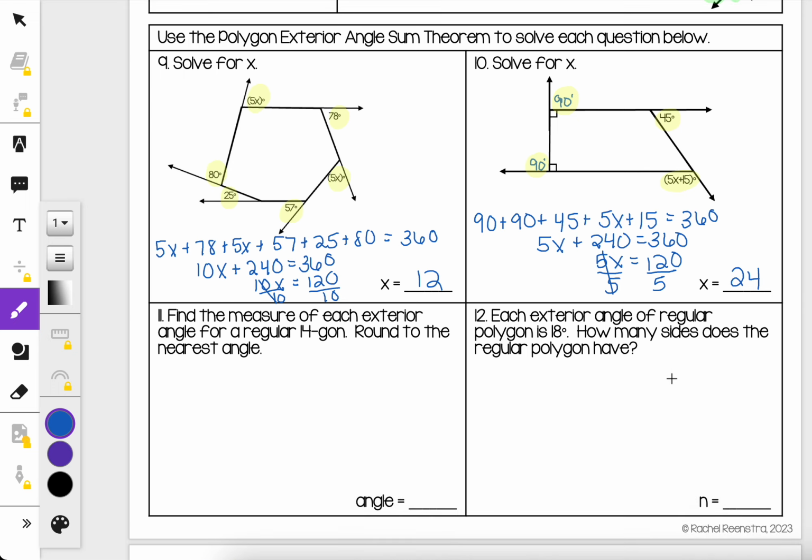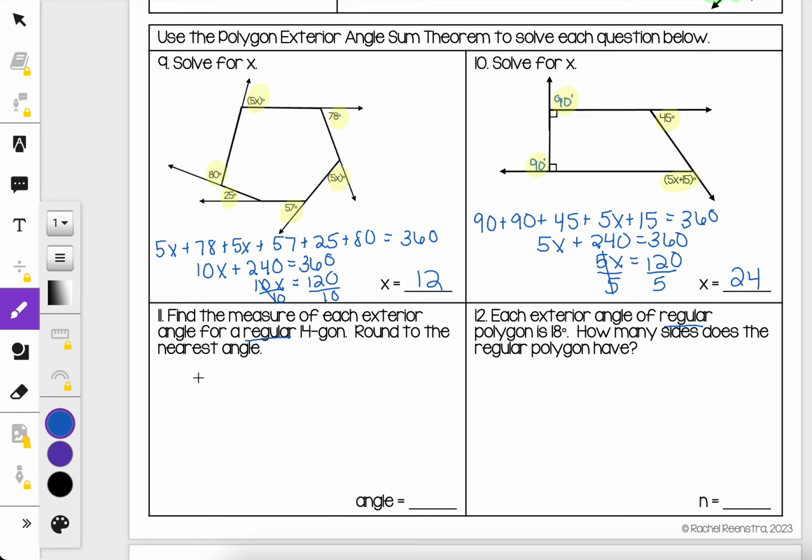Our last 2 problems are talking about regular polygons again. If you have a regular polygon, the interior angles are all going to have the same measure, but the exterior angles are also all going to have the same measure. So we want to find the measure of each exterior angle for a regular 14-gon.